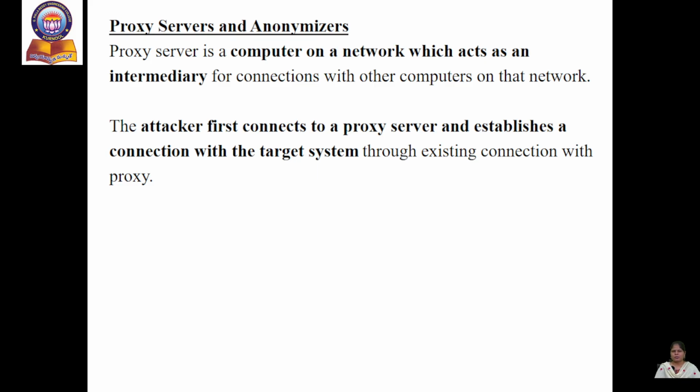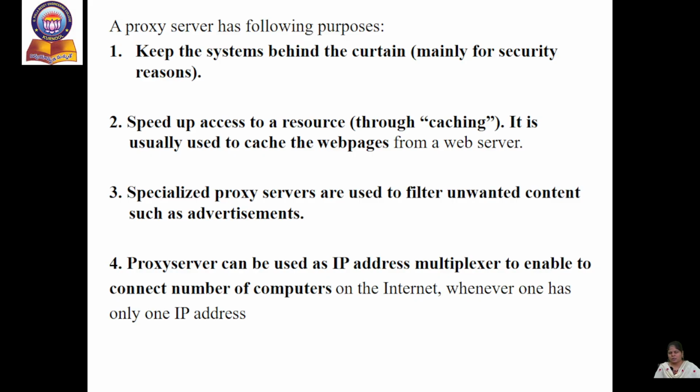The attacker first connects to the proxy server and establishes a connection with the target system through the existing connections with the proxy. So if the user sends a request to the normal server, it will be redirected to the proxy server. The proxy server will be active, making the actual server dumb, right?